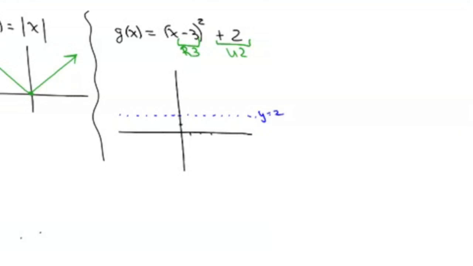We're going to go right 3, so we're going to put in a vertical line at x equals 3. The intersection of these 2 lines is guaranteed the only point you're going to plot. Everything else is just shape. So guaranteed, the point 3, 2 is on the graph.